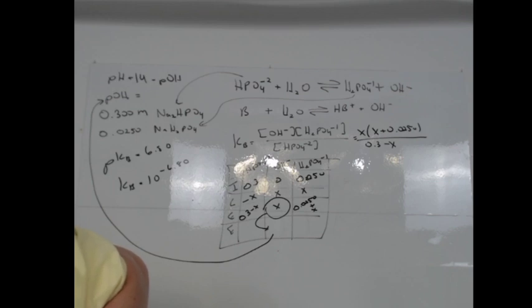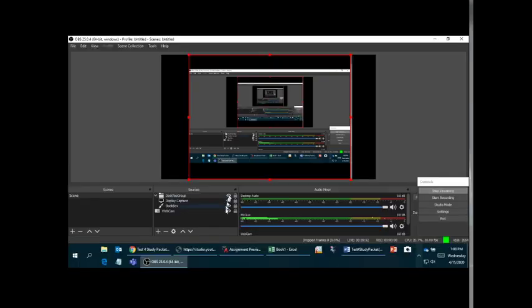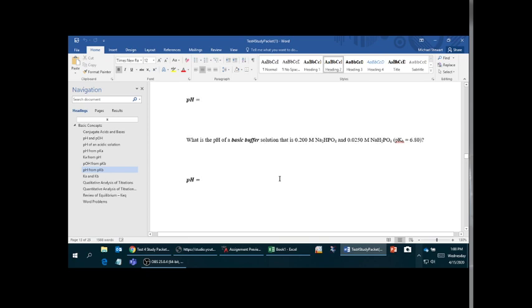So this is the problem we're talking about here. It is on page 13 of the packets, and it is the last problem on that page. Looks like I didn't show it to you. So it's this page, pH from pKb, this problem.